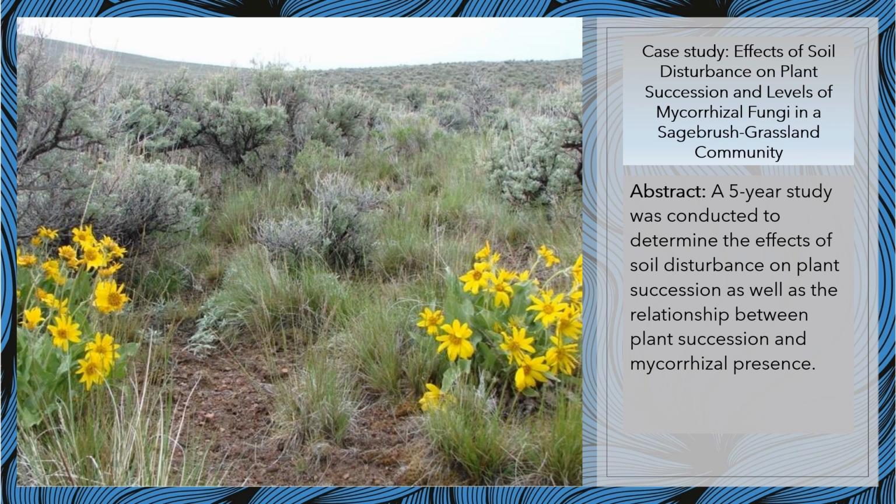The study area was in a sagebrush grassland range located near Rifle, Colorado, so topographically somewhat similar. The study was over the course of 5 years and looked at the effects of soil disturbance on plant succession, as well as the relationship between plant succession and mycorrhizal presence.